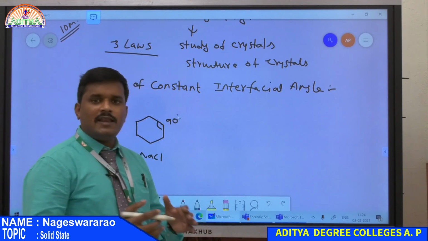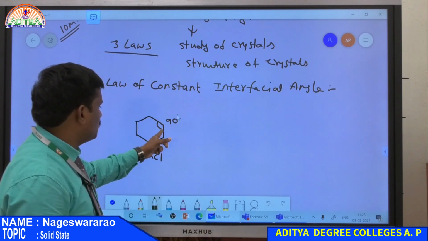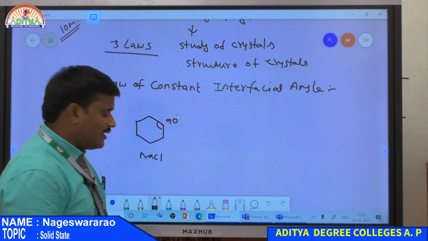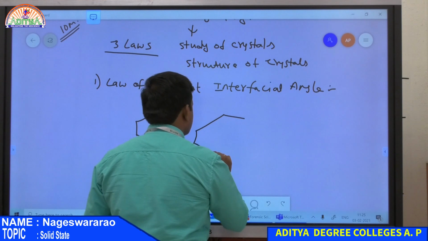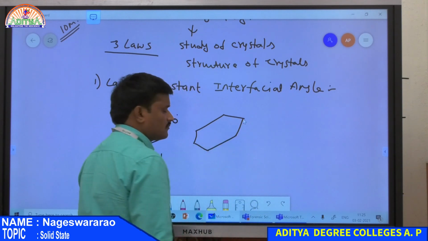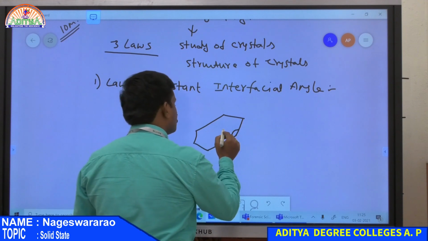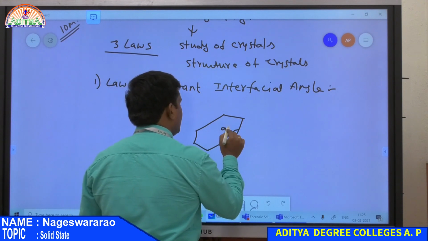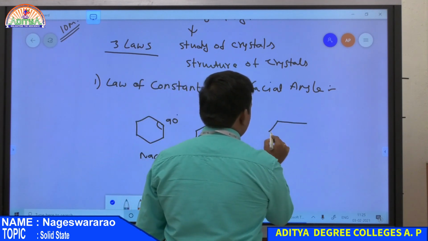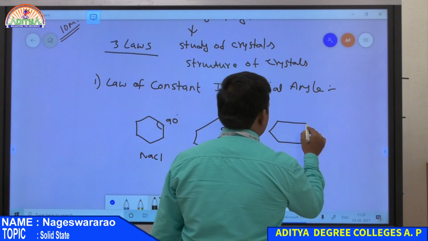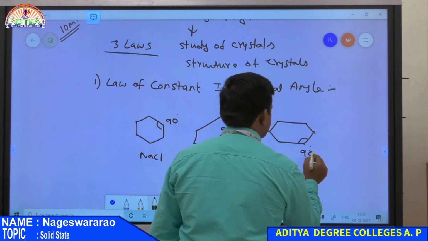If NaCl is converted into another structure like this, the angle between two faces is again 90 degrees. This is also a structure of a crystal, and here the interfacial angle is again 90 degrees. And if it is converted into one like this, again the interfacial angle is 90 degrees.